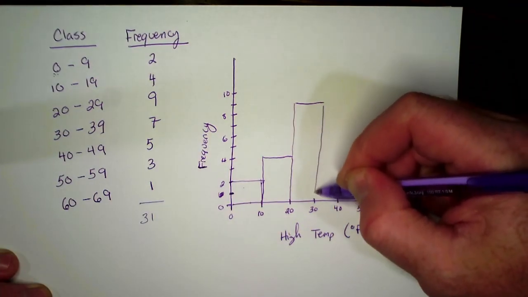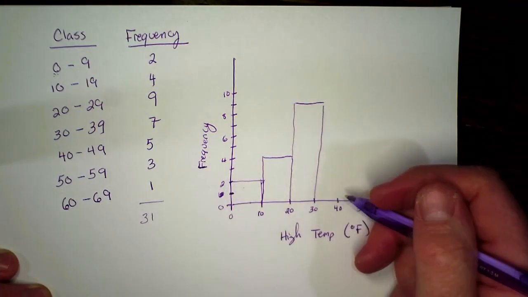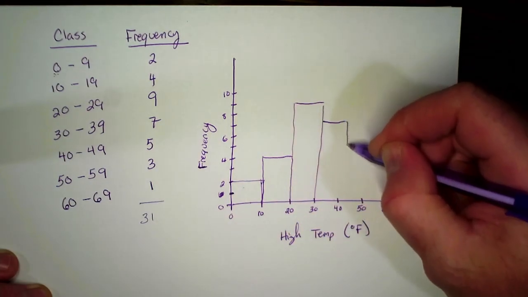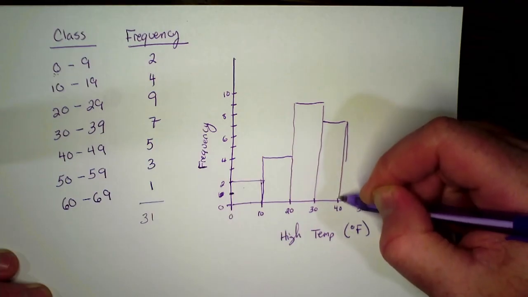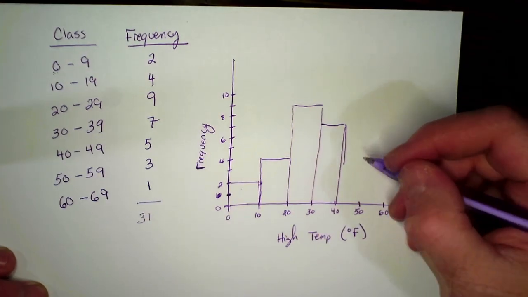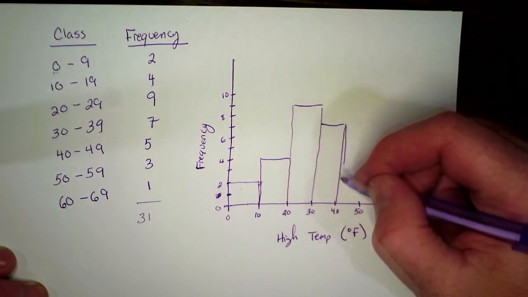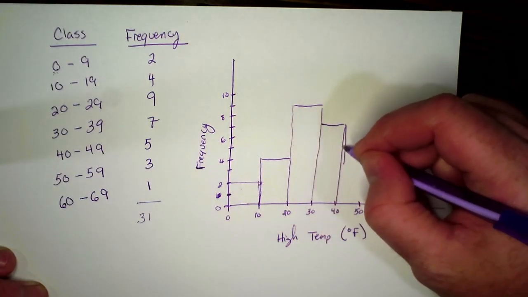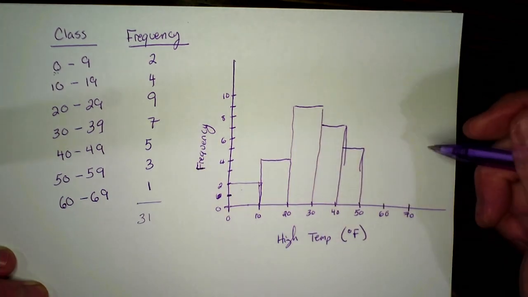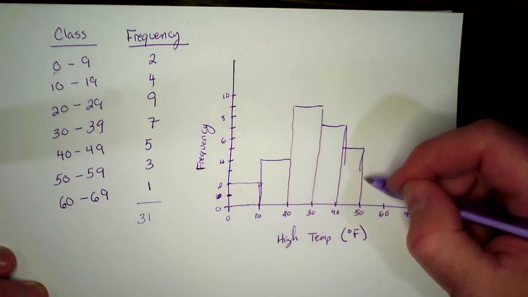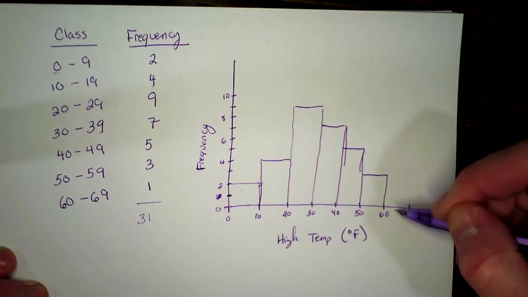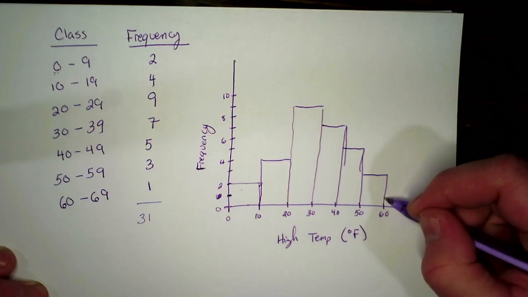Now, just like in a bar graph, these bars should be evenly spaced. Let's see, 7. I've got a leaning tower here as we go along, but that's okay. From 40 to 49, we had 5. Then 50 to 59, we had 3. And then 60 to 69, there was just that one day.